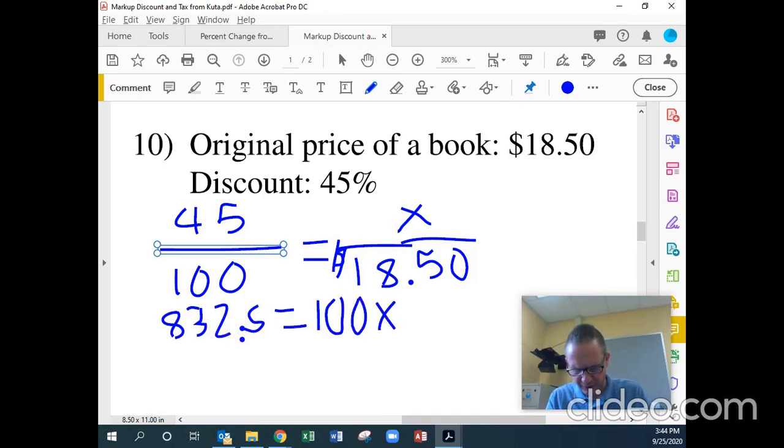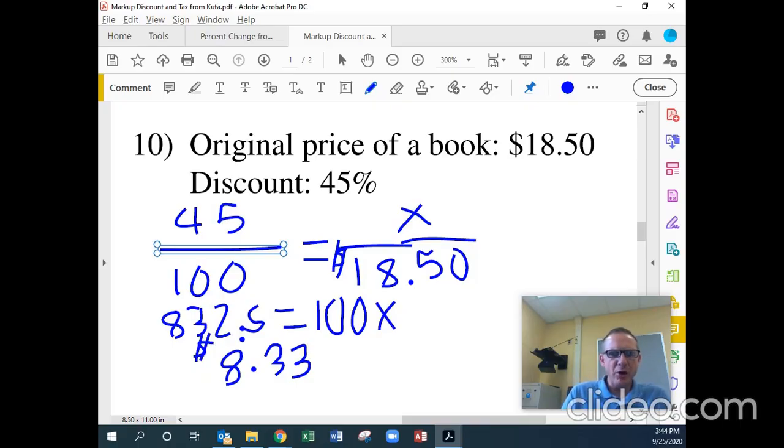Divide by 100 on both sides. $8.33 rounded to the nearest penny.